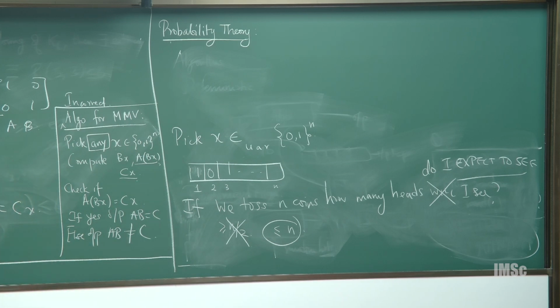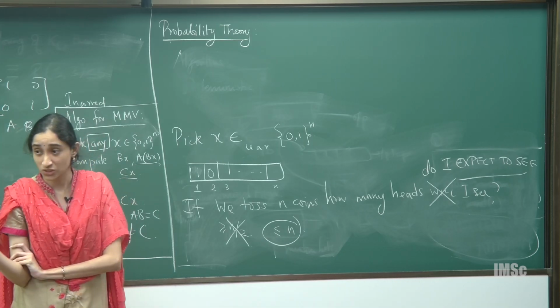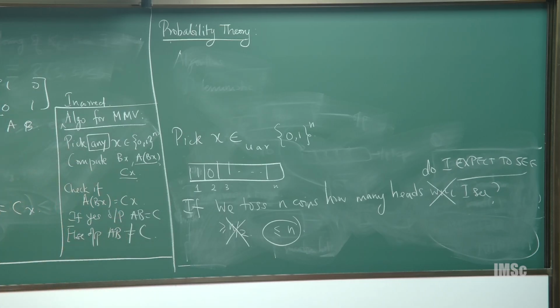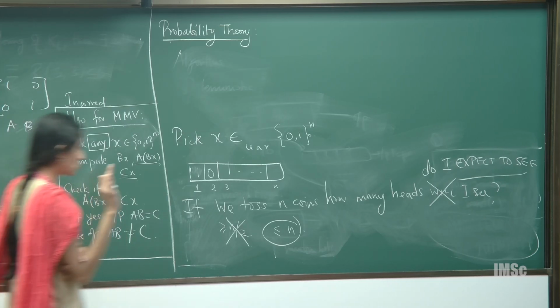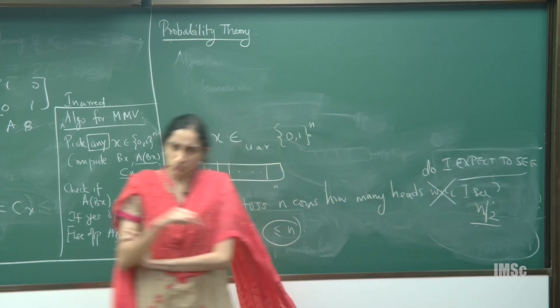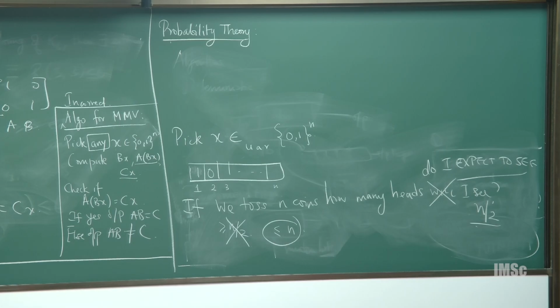You cannot say I will see n by 2 heads. Someone will toss you a coin and say no, there are not n by 2 heads. But someone asks you how many heads do I expect to see, then how many can you see? N by 2. That's what you did in school and recalled from memory. So why do you expect to see n by 2 heads? Like I don't expect to see n by 2 heads. It appears that you are expecting, so there should be something.